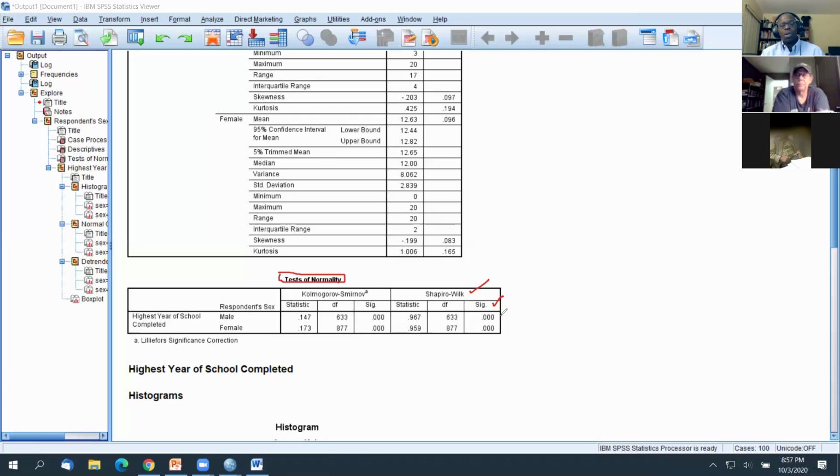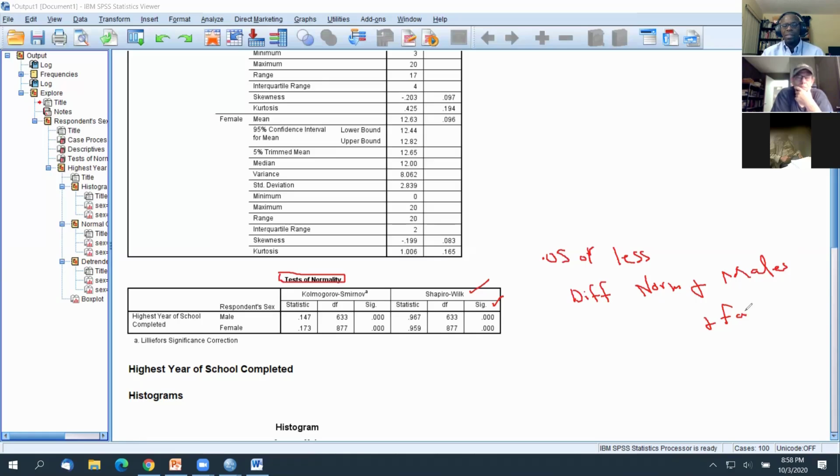According to this, because it's 0.05 or less, it means that there's a difference between the normal distribution, or the bell curve, and the distribution of males and females.